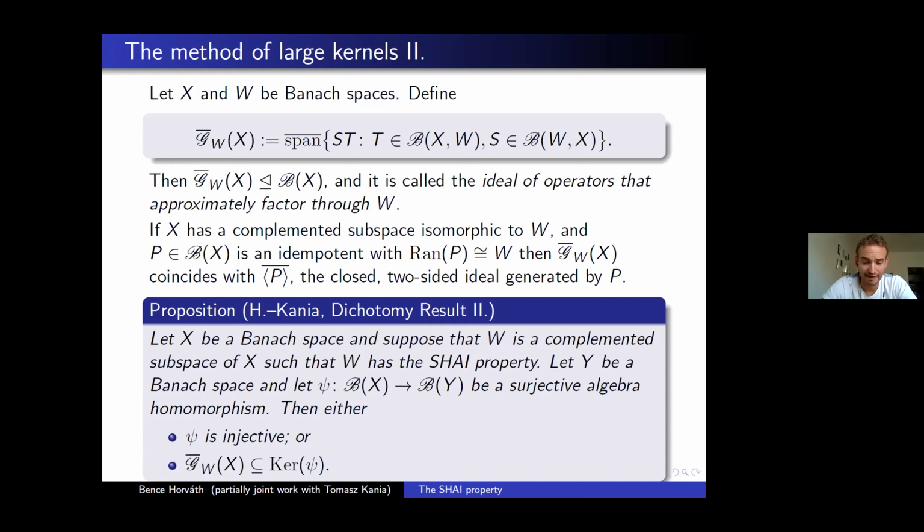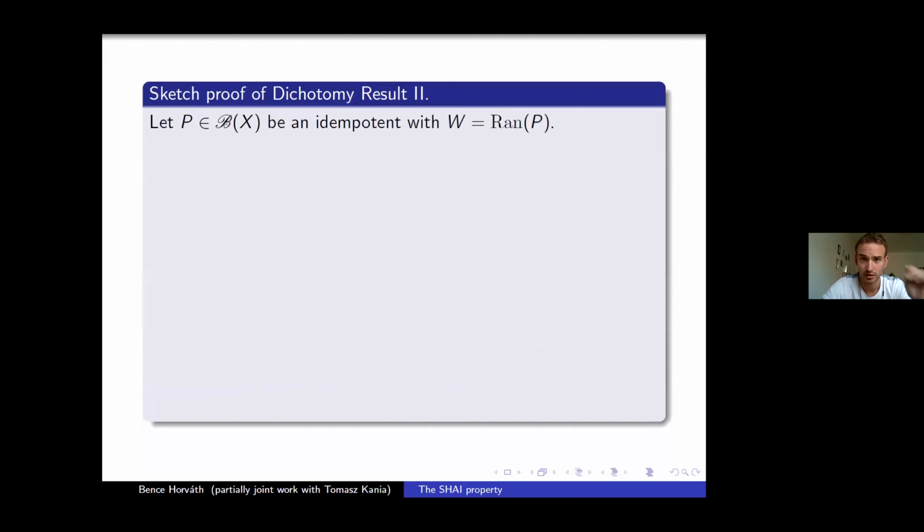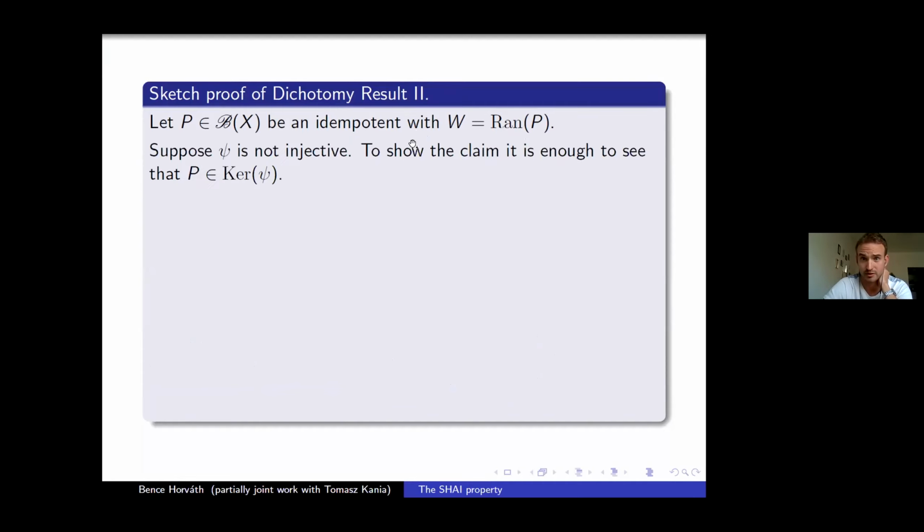This is, again, I think, not a very complicated proof, so let me guide you through it step by step. Suppose we have this idempotent P with range equal to W, the complemented subspace, and assume towards a contradiction that psi is not injective.